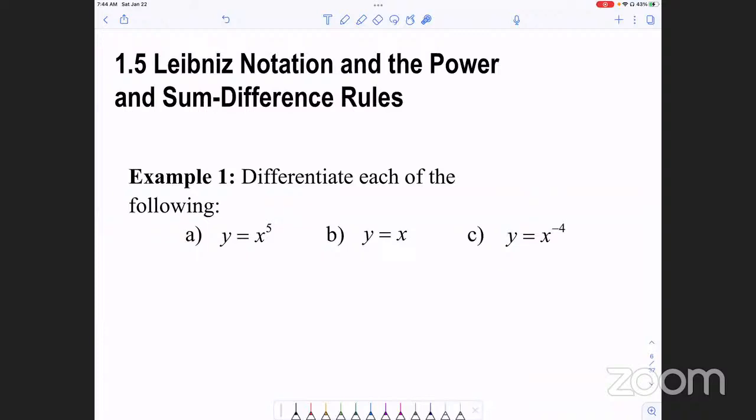Examples: differentiate each of the following. If we're working on part A, we have y equals x to the 5th. Let's start here.